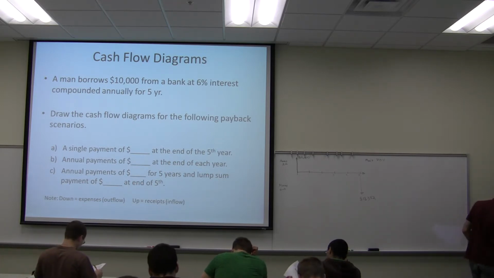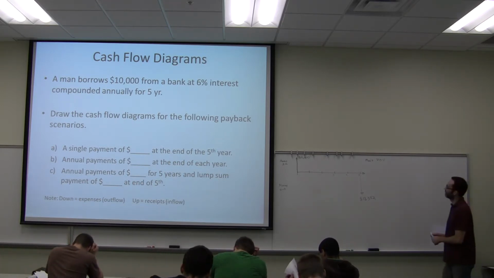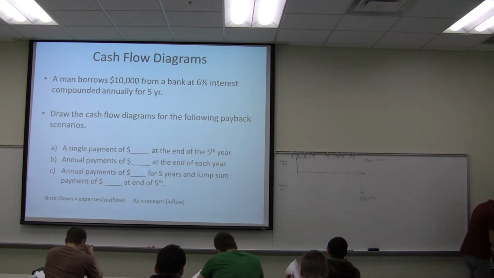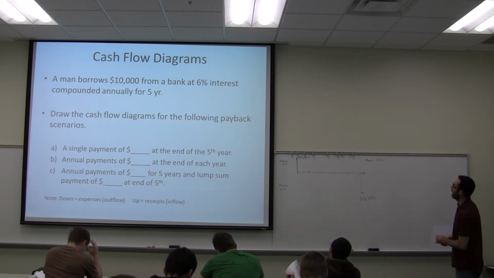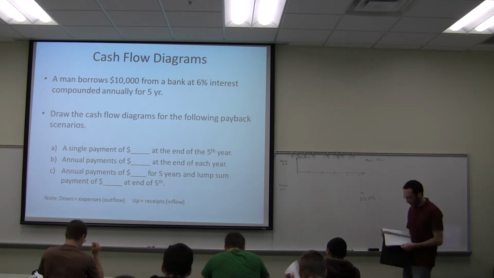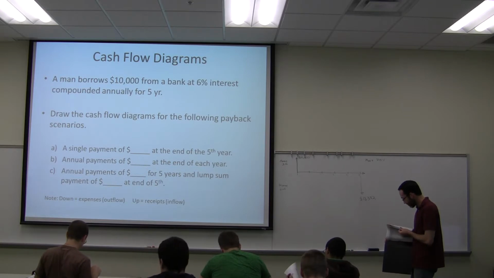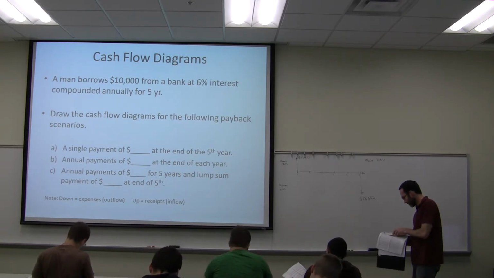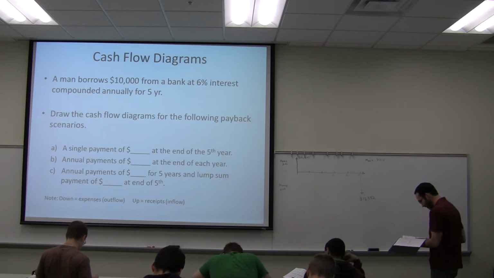So, in the case of the man who is borrowing at 6% interest and it's compounding annually, open up the table to the 6% chart, the factor table, i equals 6%.